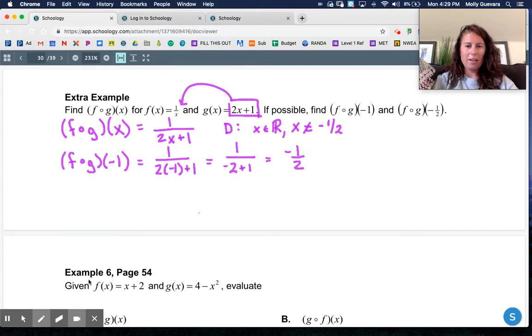Oh, oh, math. That's really funny. I was like, that's not right. I get negative 1 over 1, which is negative 1. There we go.